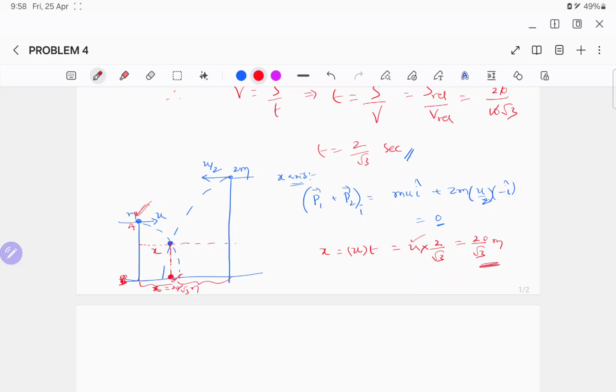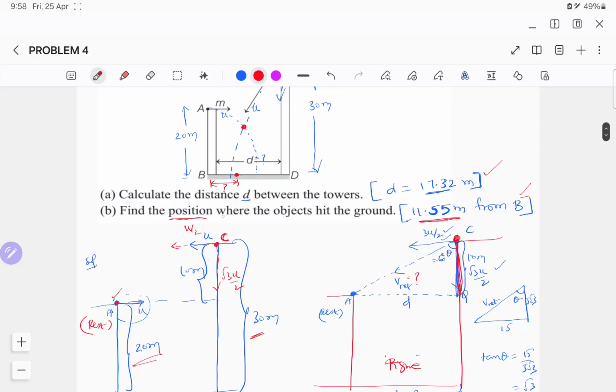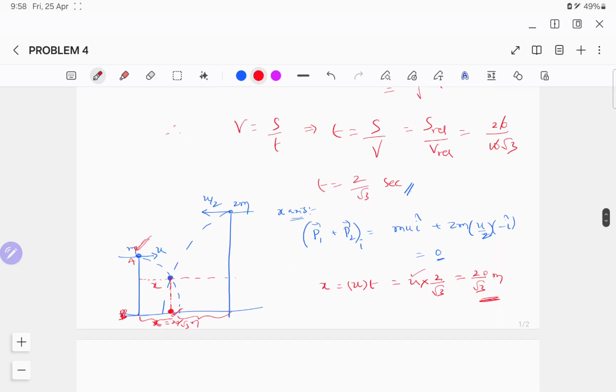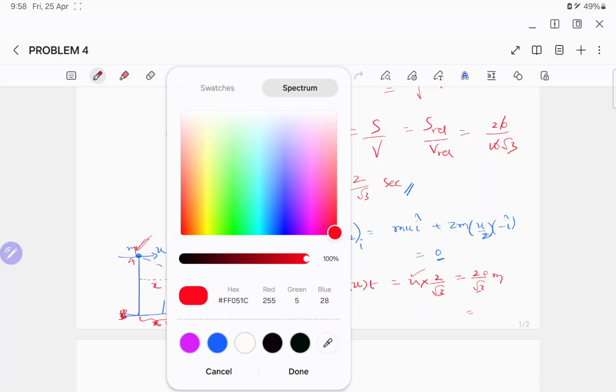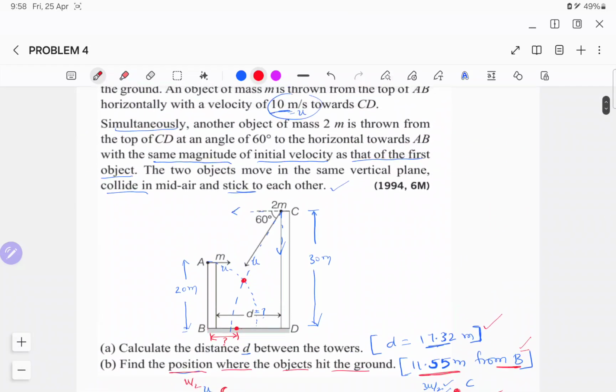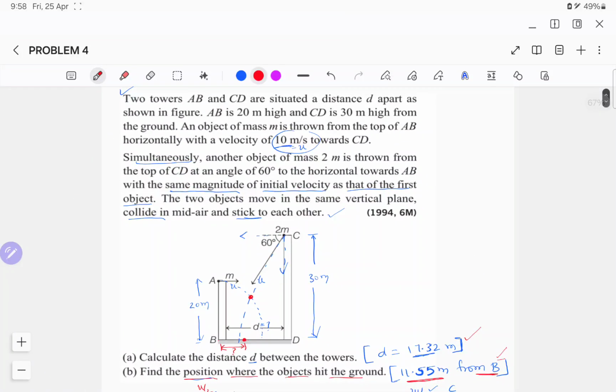And I have already mentioned that answer in number value here: the position where the object hits the ground from B will be 11.55 meter. Okay, this is how we can analyze this question, and I hope this analysis strengthens our basics regarding kinematics concepts.